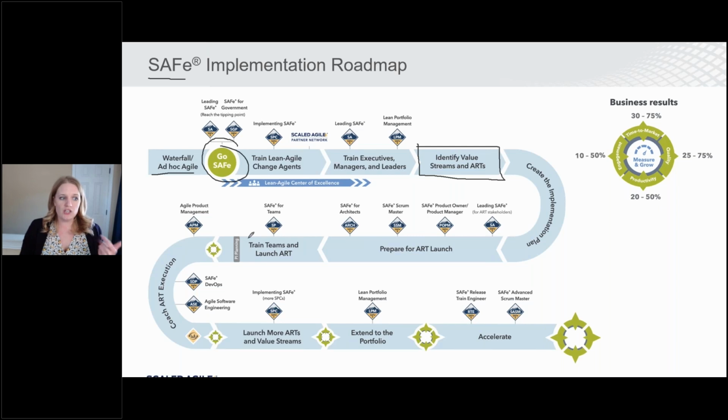And then we launch our teams of agile teams. And we start executing as lean thinking teams and teams of agile teams. And we start building our solutions. We're organized for flow. We're continuously delivering value. And that is how we achieve organizational agility.